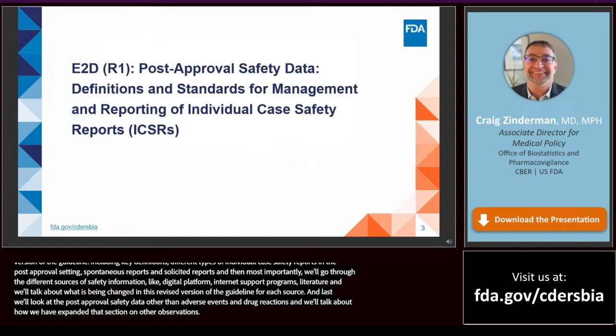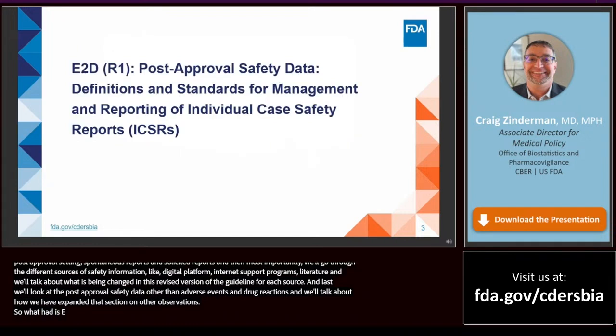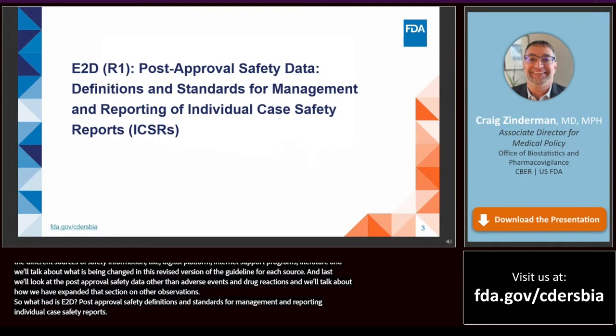So what is E2D? The title of E2D is Post-Approval Safety Data, Definitions and Standards for Management and Reporting of Individual Case Safety Reports. This document provides some standardized procedures for post-approval safety data management and the guidance for gathering and reporting this information.